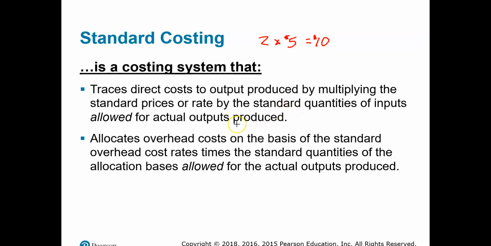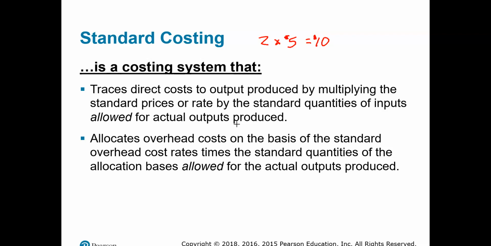So in that sense, those costs are standard. We should not deviate from them. We expect to pay $5 per unit of whatever material we're using, and each unit requires two, and each widget that we sell requires 2 units of direct materials. Those are standard costs.